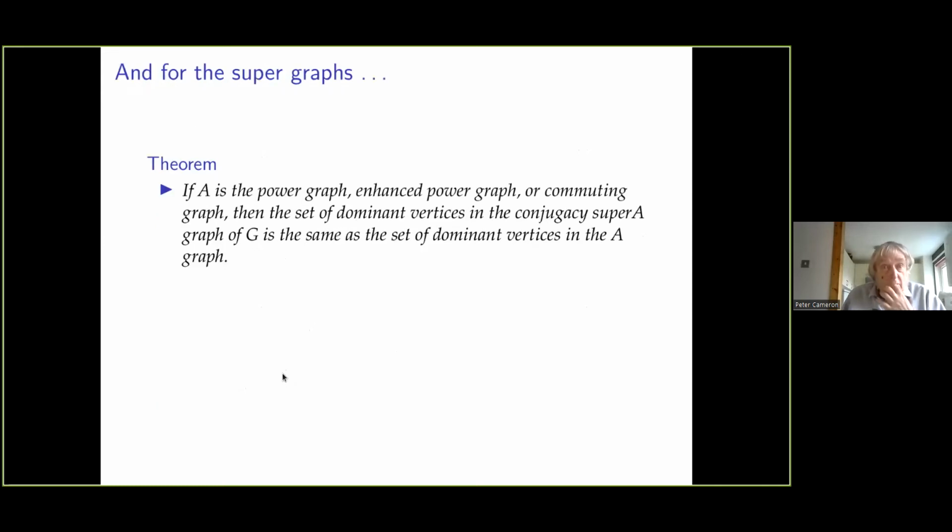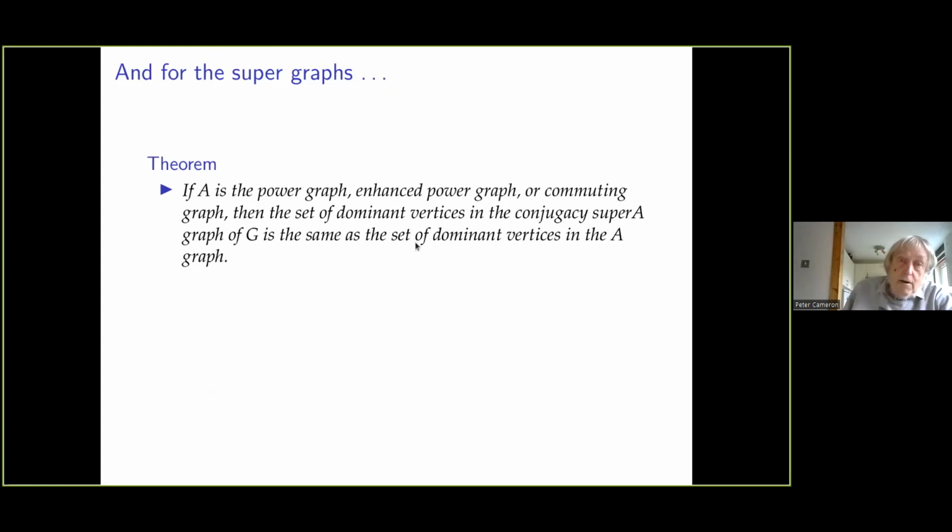Can we say any more? Here is one result. If you take any of the three original graphs, the power graph, the enhanced power graph, or the commuting graph, and look for dominant vertices in the conjugacy supergraph, it's exactly the same as the set of dominant vertices in the original graph.